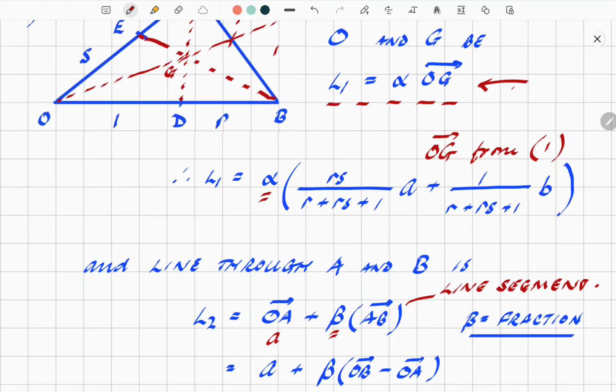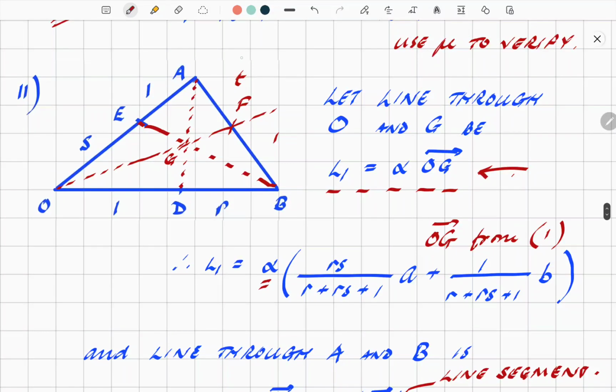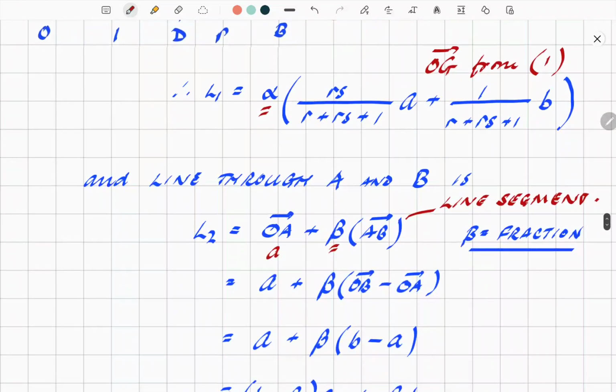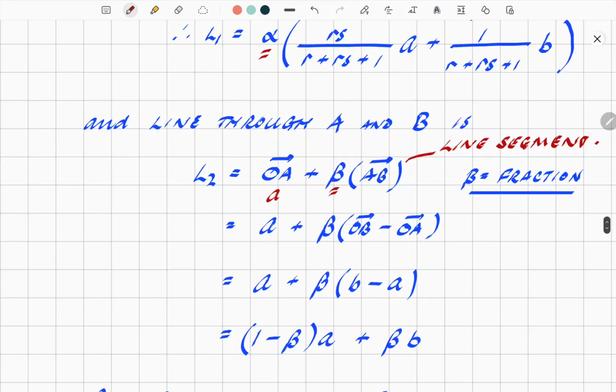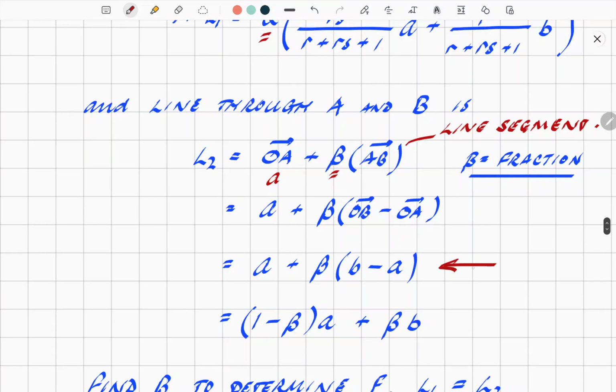And I'm going to just introduce a variable just for my own comfort, beta, as a fraction, because obviously we are going part way down there, all right? So I'm going to call that beta as a fraction of the whole AB, all right? Again, going back, AB is OB minus OA, all right? And replacing all those with vector terms, we get A plus beta times (B minus A), all right?